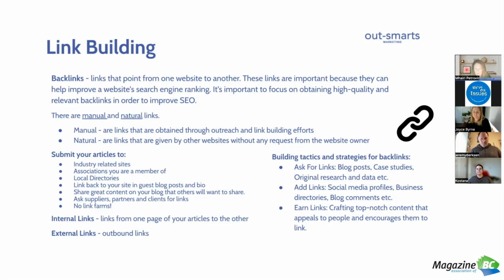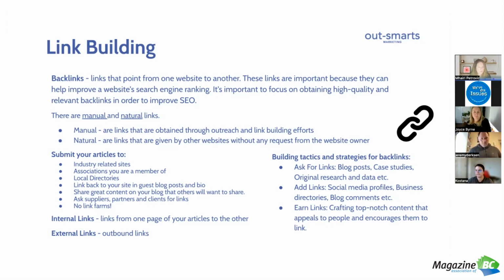Internal links are also valuable. Internal links are links from your articles to other relevant articles or other pages on your site. Those are valuable because Google then sees those and knows to navigate to other pages on your site. And then the third type of links is links from your site to external sites.